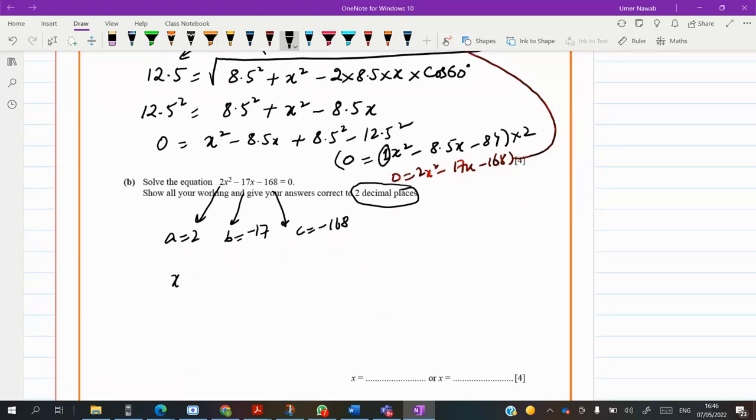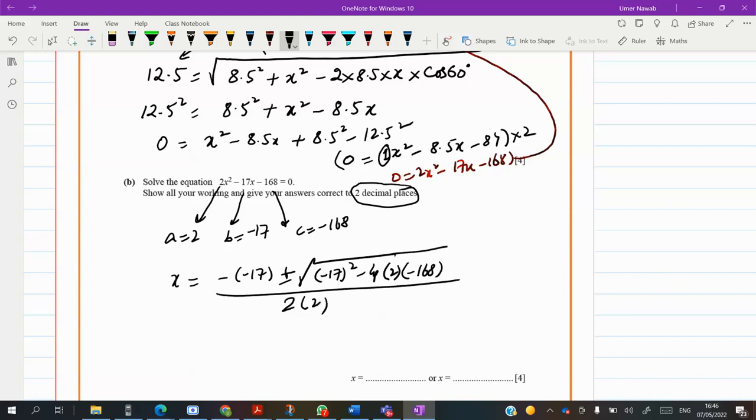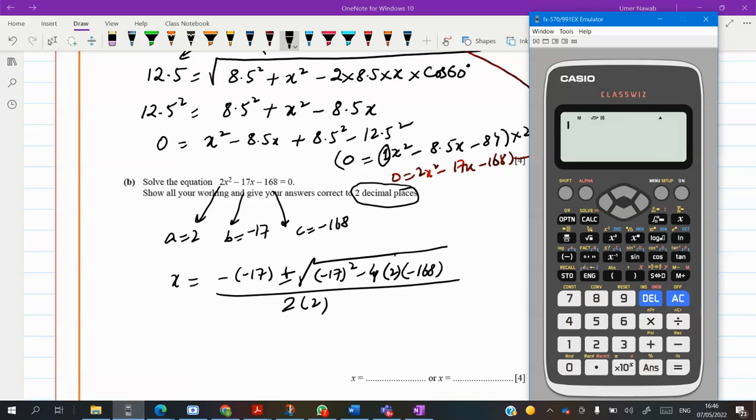Quadratic formula says minus b, so minus minus 17, plus minus the square root of minus 17 squared minus 4ac, over 2a. Now use the quadratic formula from the calculator.